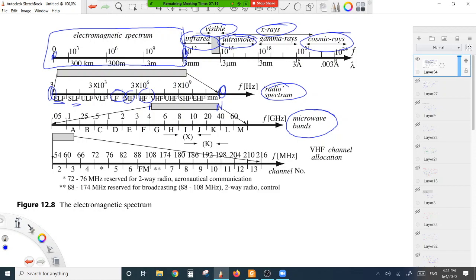And the band between 54 megahertz and 216 megahertz is called the very high frequency channel allocation.